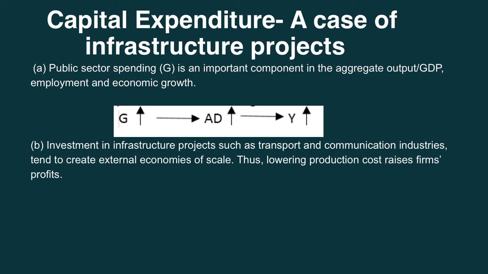Other than that, the investment in infrastructure projects such as transport and communication industry tend to create external economies of scale. As the government spends on infrastructure development, the better infrastructure reduces the cost of production for firms.